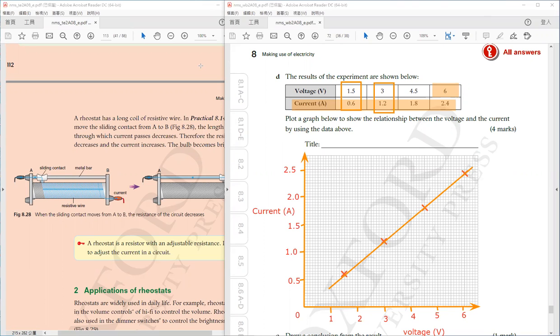And the title, you should be able to write as a relationship between voltage and current in a circuit.